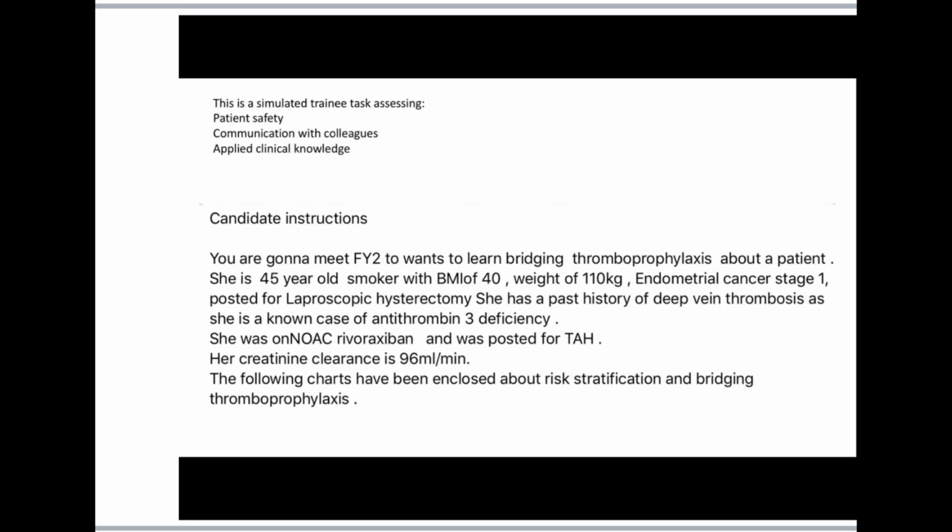So warfarin is an oral anticoagulant, but it is long-acting, and it starts to work after 3 days from the first tablet. So if today is Friday and I give the patient the first tablet today, she takes Friday, Saturday, Sunday, and on Monday I will get the effect of today's tablet. So from Friday till Monday, the patient is not protected at all.